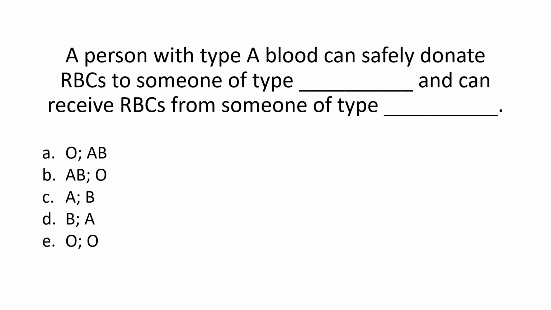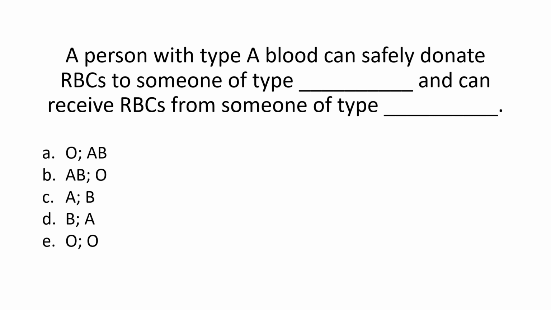I'm not sure I really like this question because, except the most correct answer for each blank. They can't receive blood from a person who has a B type. So it can't be this one. They can receive blood from someone who either has A, AB, oh wait, no. They can donate blood to someone who has A, AB, or O. Who can they receive it from?